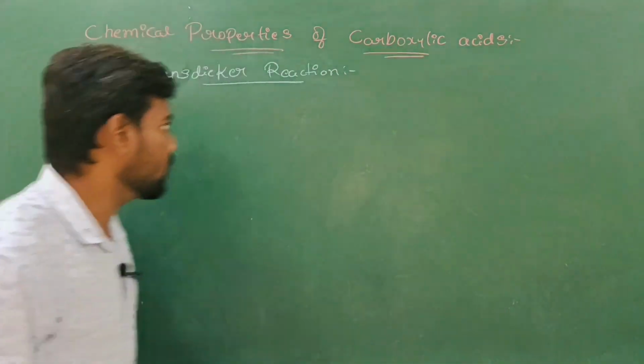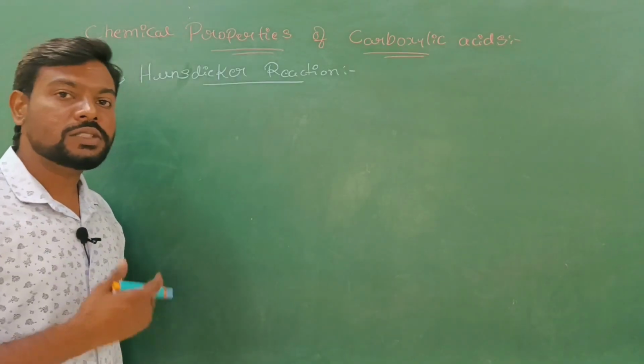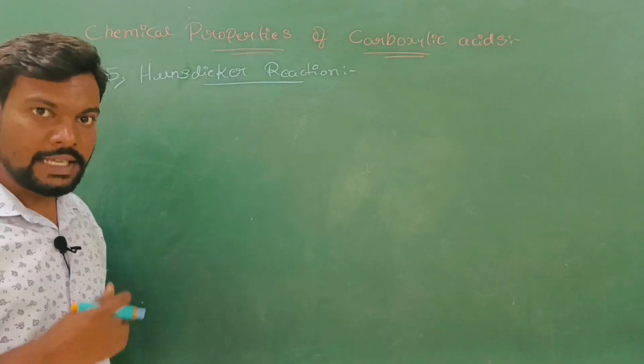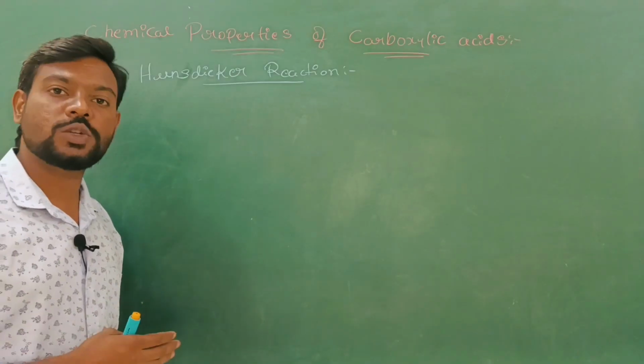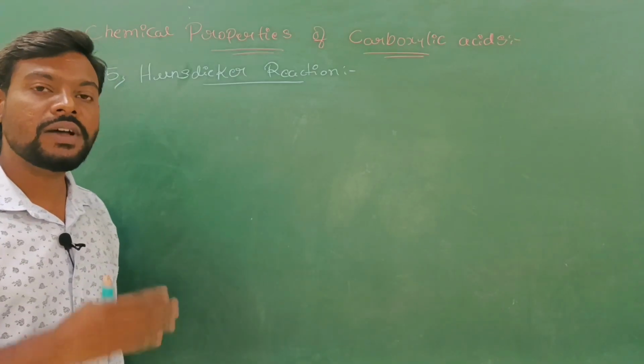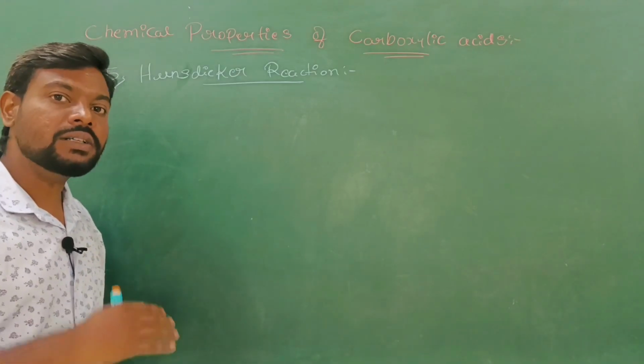Hunsdieker reaction: when the silver salt of acetic acid reacts with a halogen, it leads to the formation of alkyl halide and silver halide.